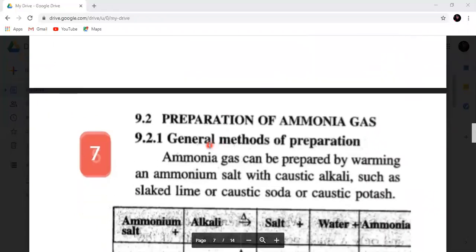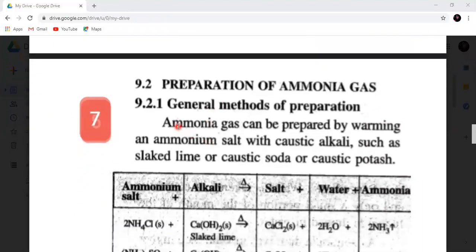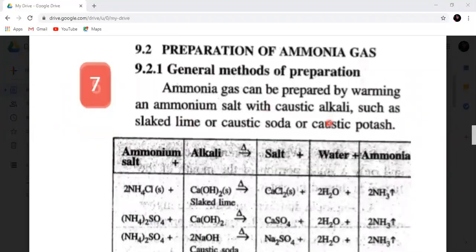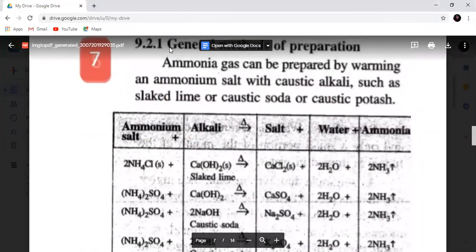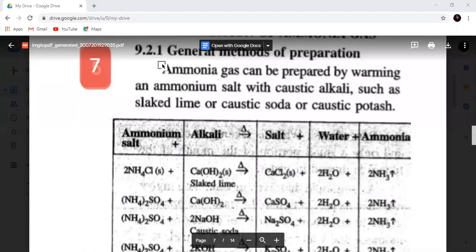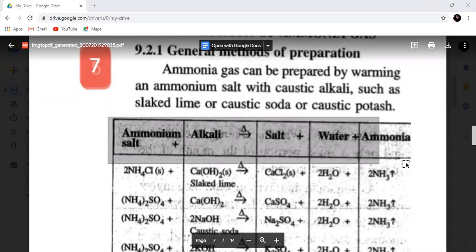Now we come to the details. First is the general method of preparation. Under the general method of preparation, students, consider carefully how this general method works. I'm highlighting that portion, kindly check it.